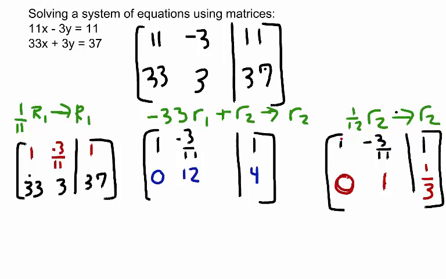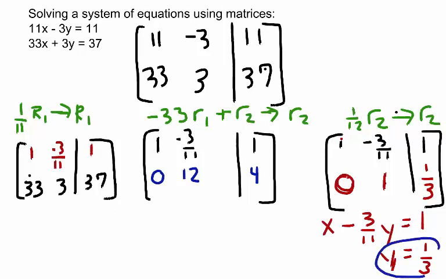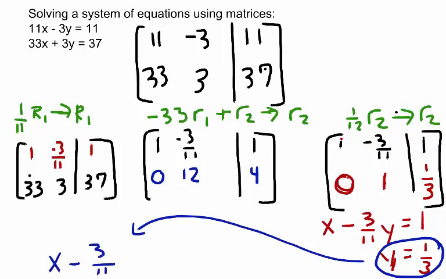My new system is x minus 3/11 y equals 1, and y equals 1/3. Our system has been solved for y, so I can take y equals 1/3 and substitute it for y in equation 1. So we have x minus 3/11 times 1/3 equals 1.